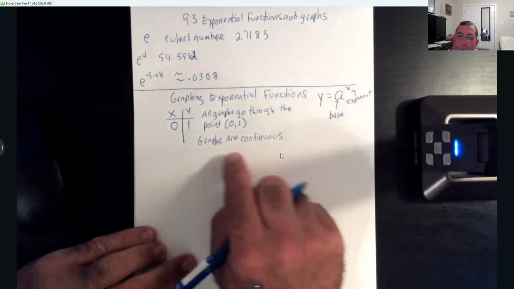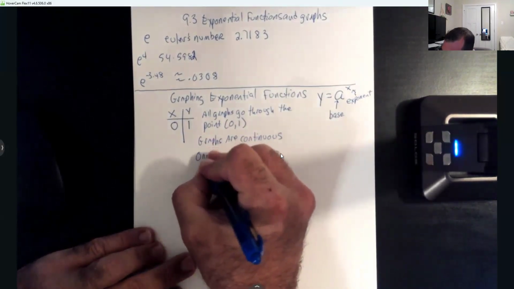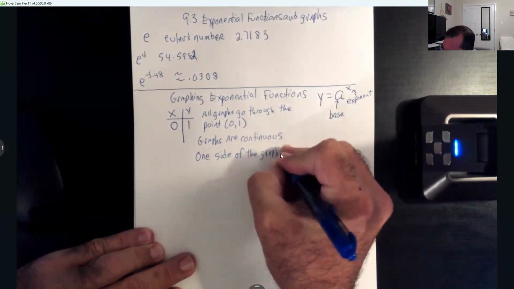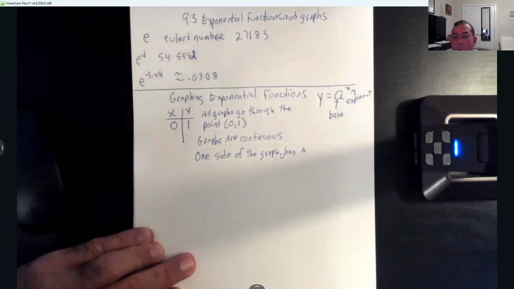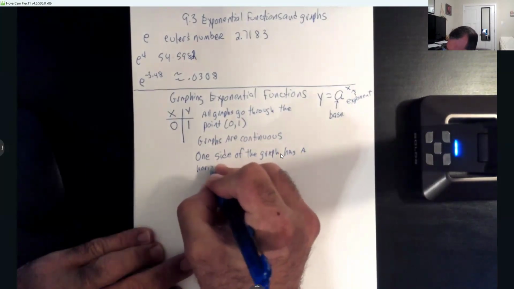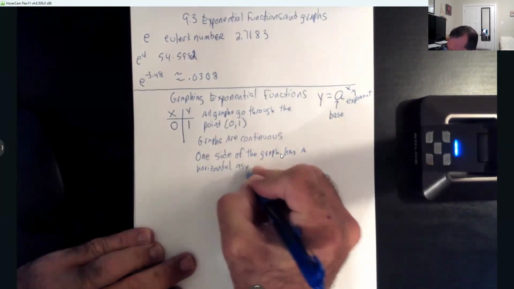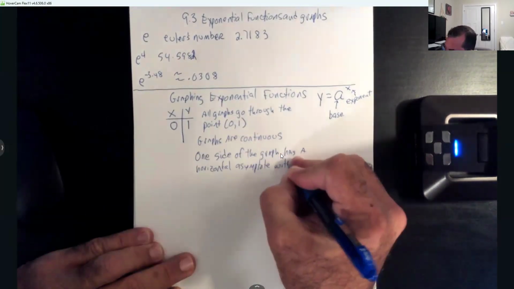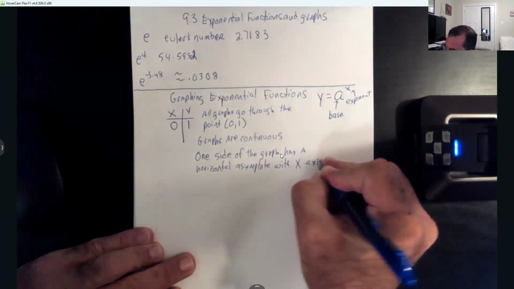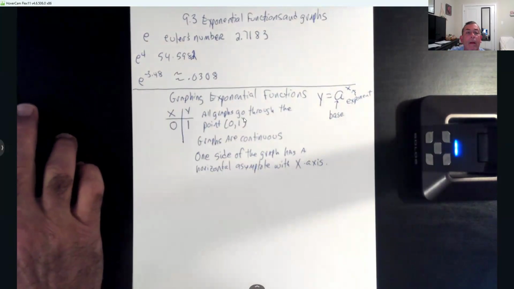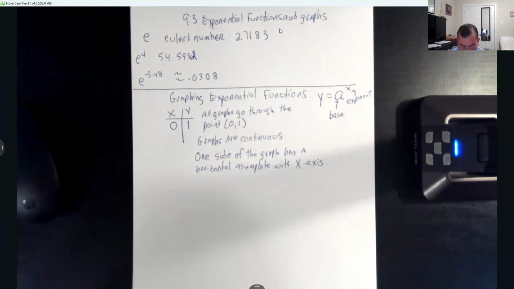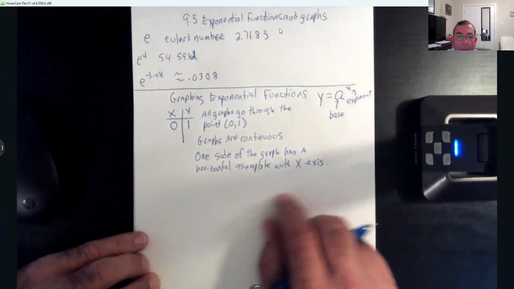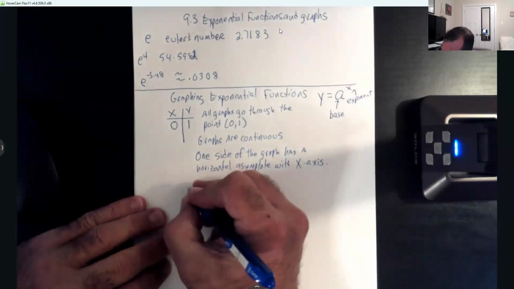And then another thing about these, one side of the graph has a horizontal asymptote with the x-axis. Okay, so there's two ways these graphs will look.